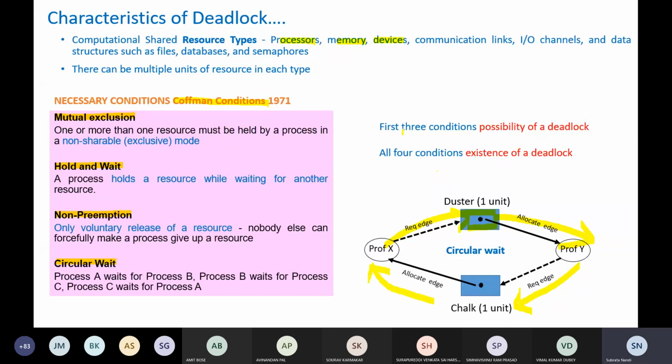So the point is, the first three conditions denote a possibility of deadlock, but if all the four conditions exist, then there is definitely a deadlock. So all the four conditions are required for the deadlock, and with the first three conditions, there may be a possibility.